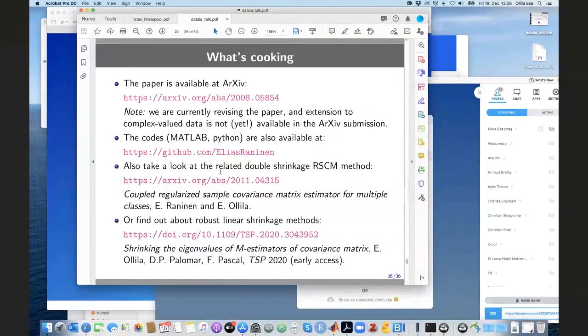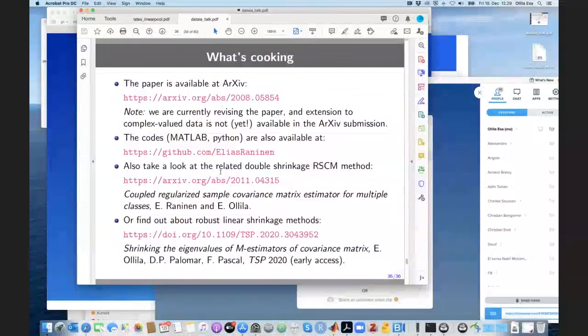So what else? If you got interested in this, I want to note that we have a paper on arXiv, but we are actually revising the paper according to the suggestions of the reviewers, and our current version is still under revision, and hopefully soon we will submit it to arXiv.